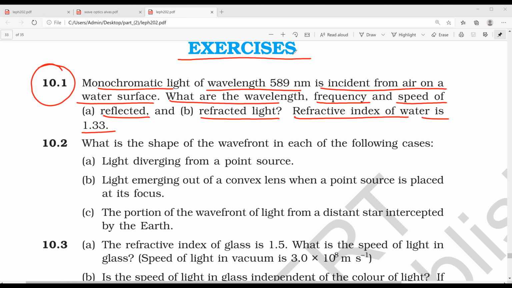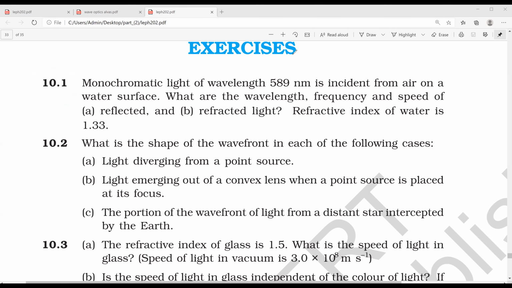So how to solve this one? Let us see. Solution for 10.1. What they have given is, first, wavelength of incident monochromatic light, wavelength lambda is equal to 589 nanometer.